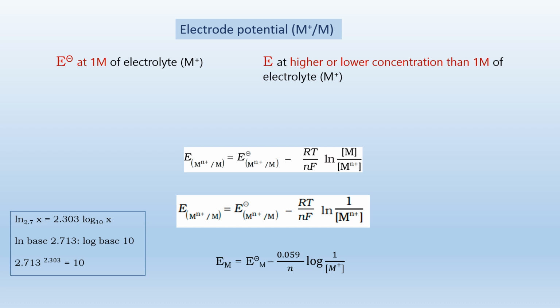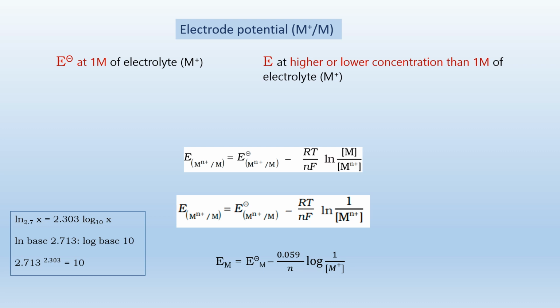The log of 10 is 1. So if you convert ln to log, you have to multiply with 2.303 and substitute all the constant values.